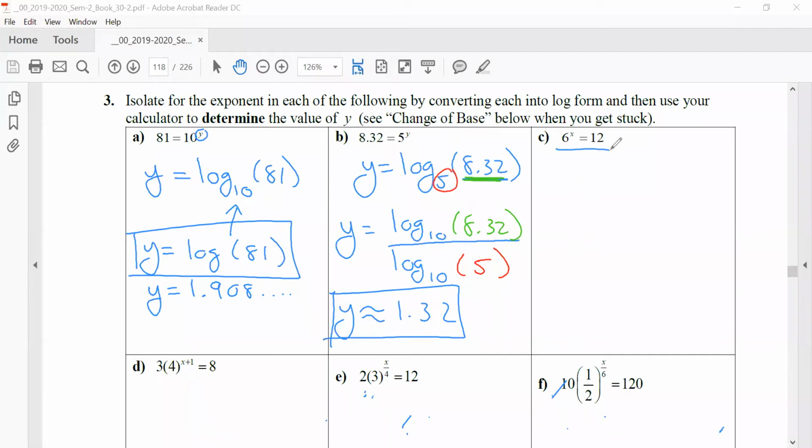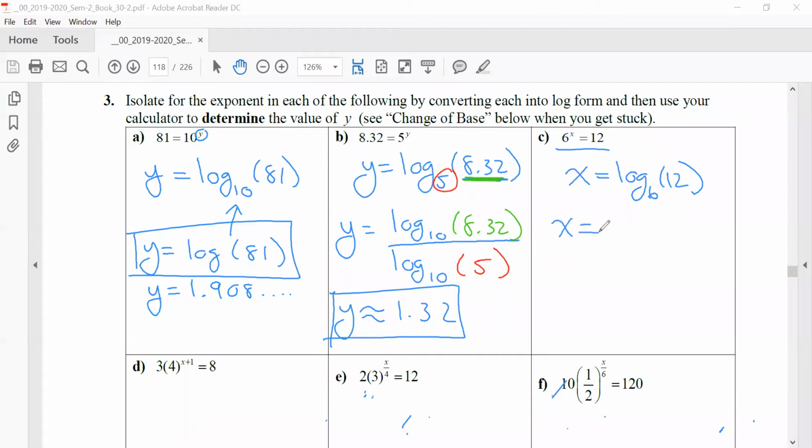Okay, C. Unknown exponent, can't make the bases the same. Let's turn it into a logarithm. So base stays the same, log base 6, the other two parts switch. There it is. Now, again, that's the perfect answer. I'm happy with that.